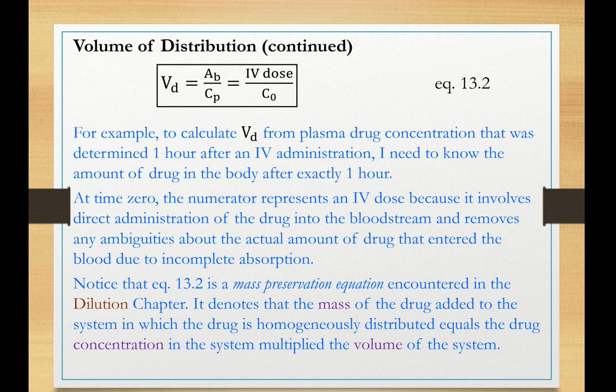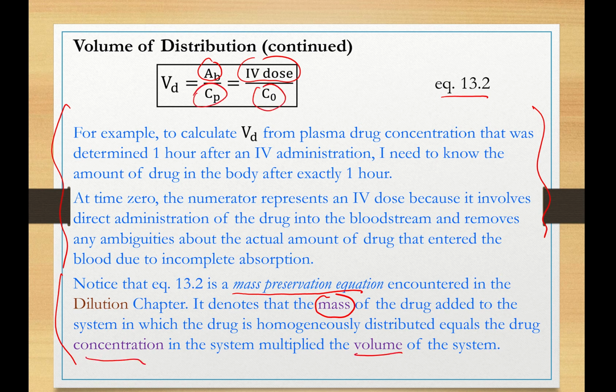I think we have mentioned everything here, all the bullet points, and of course, special emphasis on the mass preservation equation, which is essentially equation 13.2. Remember, the mass here is either the AB or the IV dose. That's the dose in milligrams anyway, right? And the concentration of the drug in the system is either CP or C0, okay?